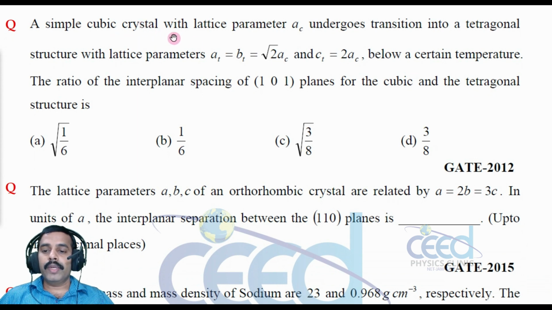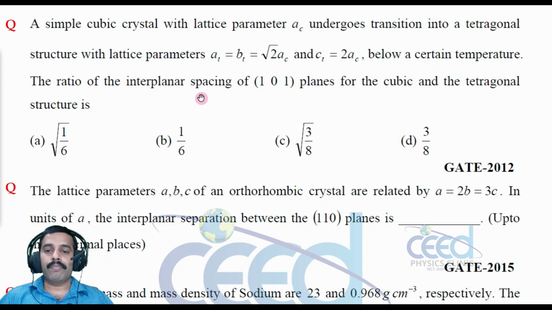A simple cubic crystal with lattice parameter AC undergoes transition into a tetragonal structure with lattice parameters AT equal to BT equal to root 2 AC and CT equal to root 2 AC, below a certain temperature.